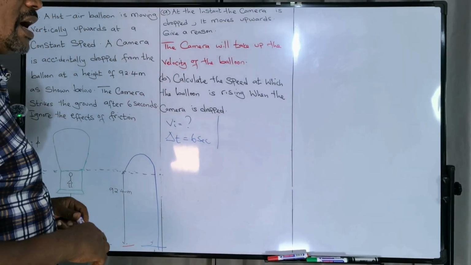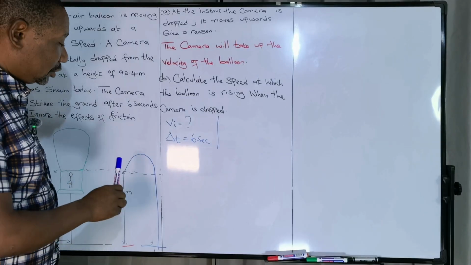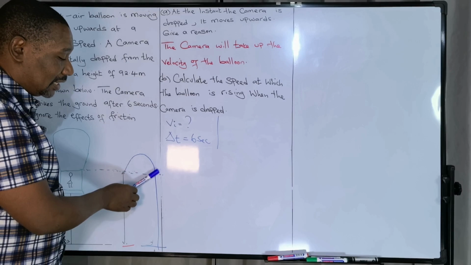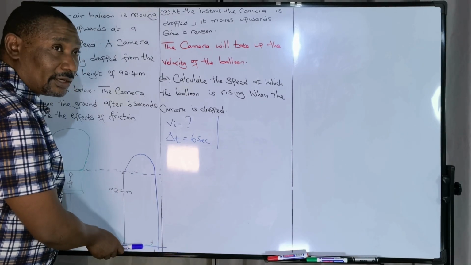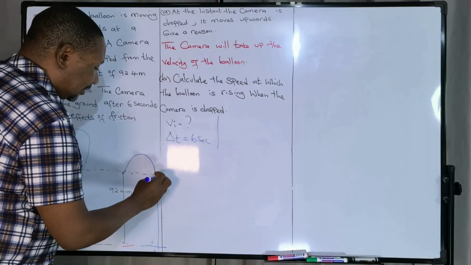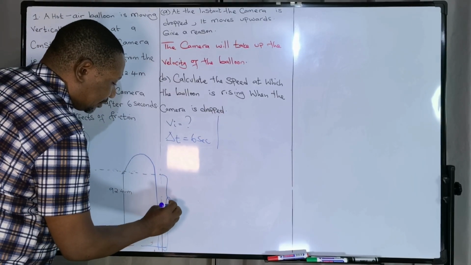displacement. Displacement requires some bit of attention here. I want you to remember that it rose upwards, reached maximum height, then came down and struck the ground. So from here, you have to understand that what you have here is the displacement.